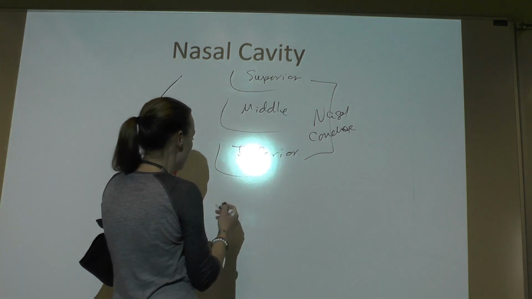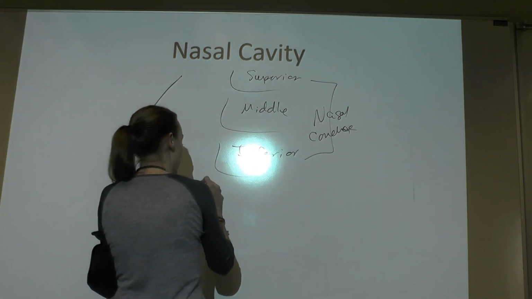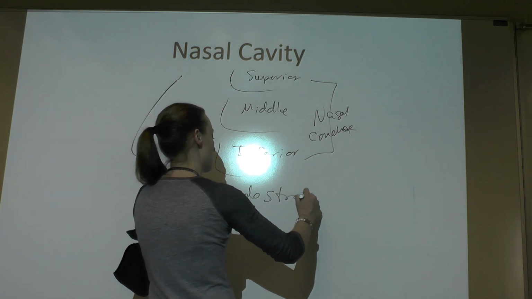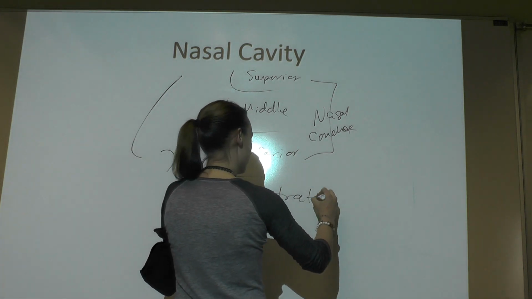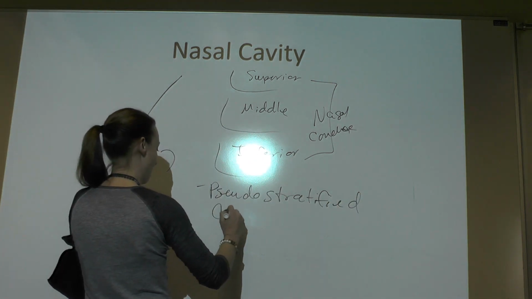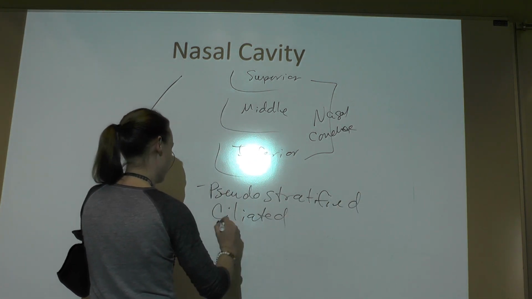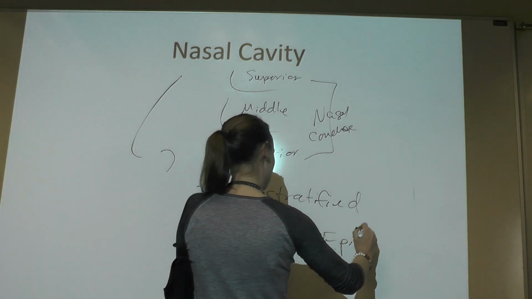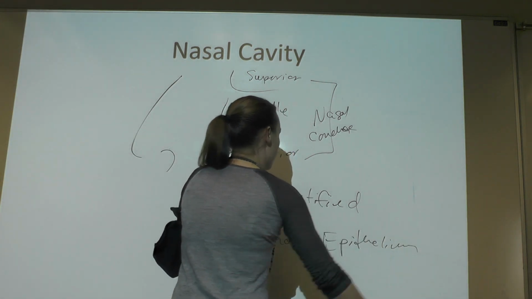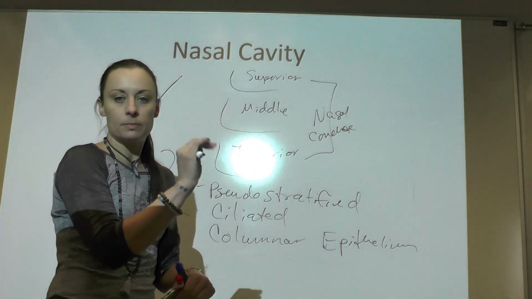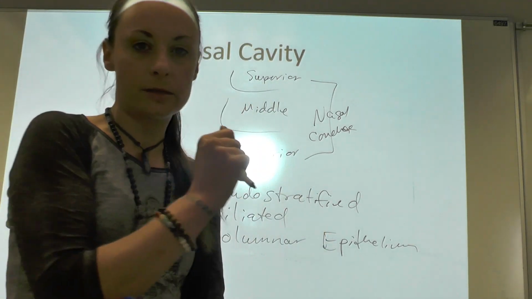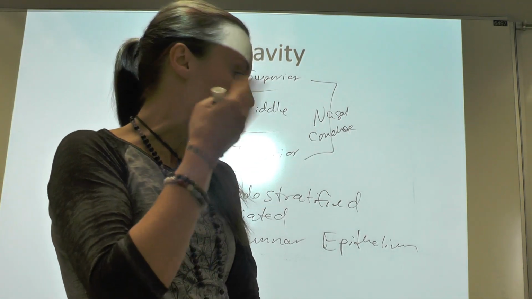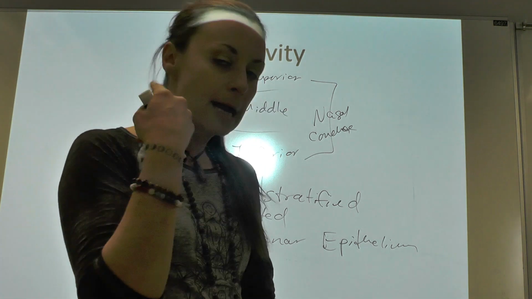So if we look in here, this tissue is pseudostratified ciliated columnar epithelial tissue. And if you recall, cilia beat mucus along cell surfaces, so these pseudostratified cells are going to propel mucus from your nasal cavity back to your pharynx.